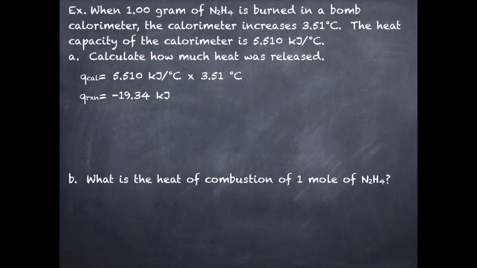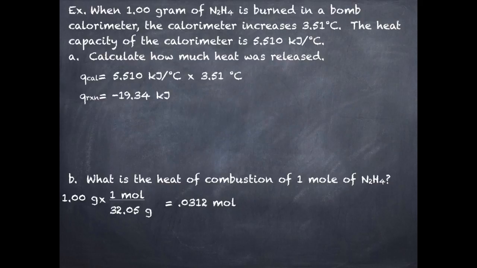And so it would be negative 19.34 kilojoules. Now that I figured that out, all I have to do is get into kilojoules per mole. Well, I start off with 1.00 grams of N2H4, and so I'm going to convert that into moles by dividing by its molar mass, and that gives me 0.0312 moles.